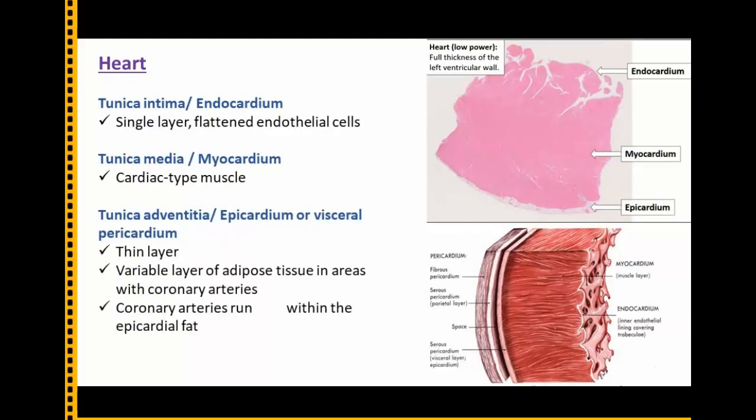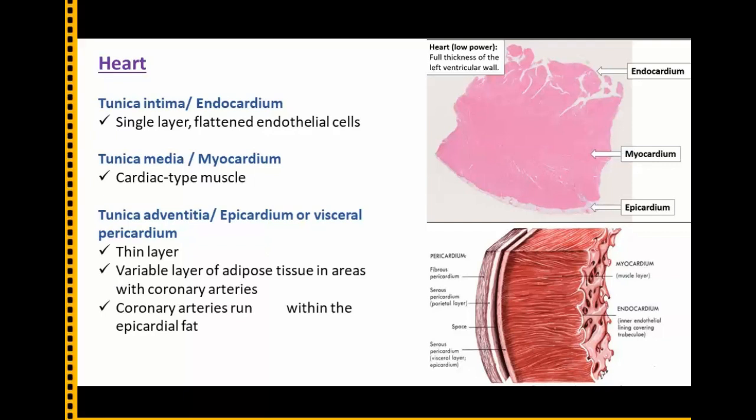Let's come to the heart. For the heart, we have specific names for these 3 layers. In the heart, we call the tunica intima the endocardium, the tunica media the myocardium, and the tunica adventitia the epicardium or the visceral pericardium.